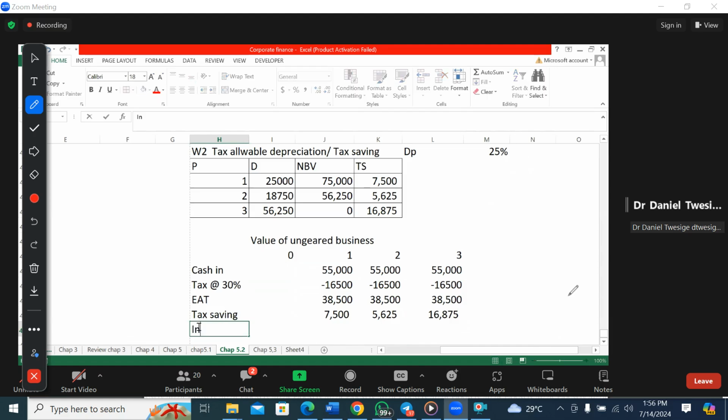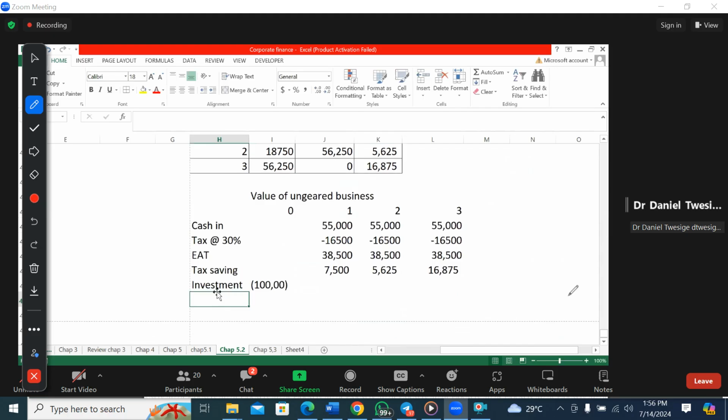Then our investment, which is 100. So our net cash flows, we are going to have, I think here.